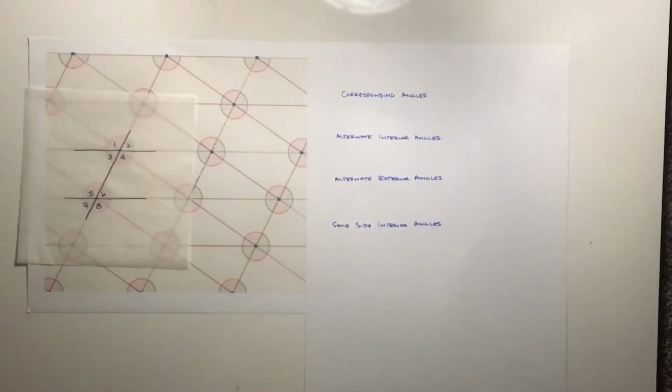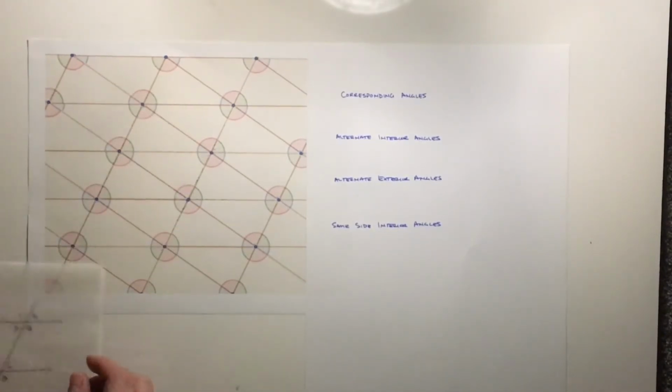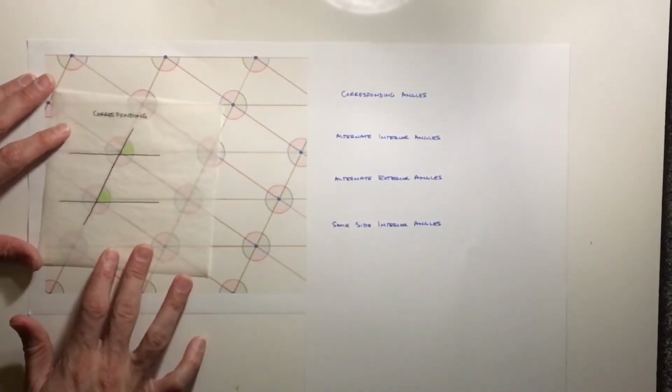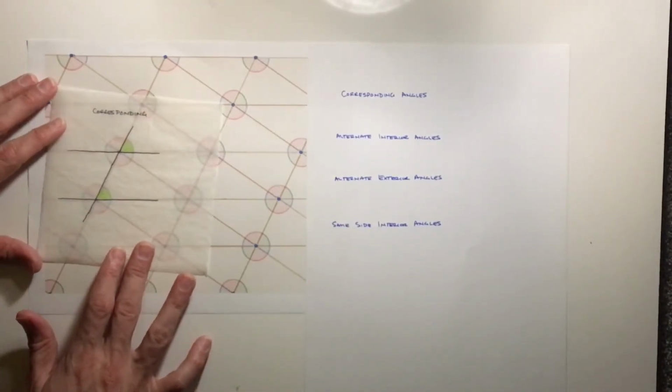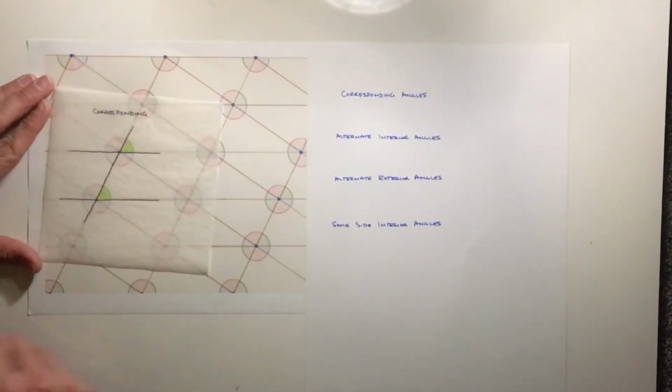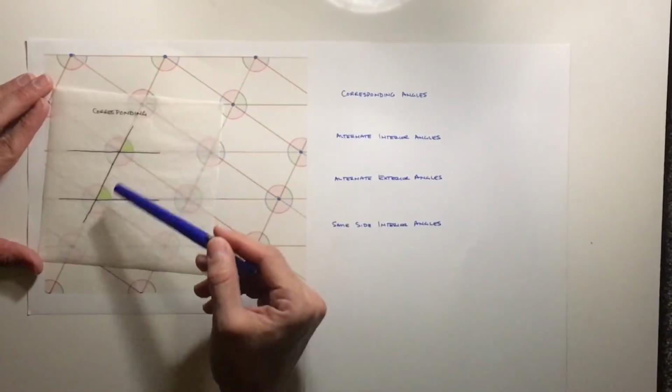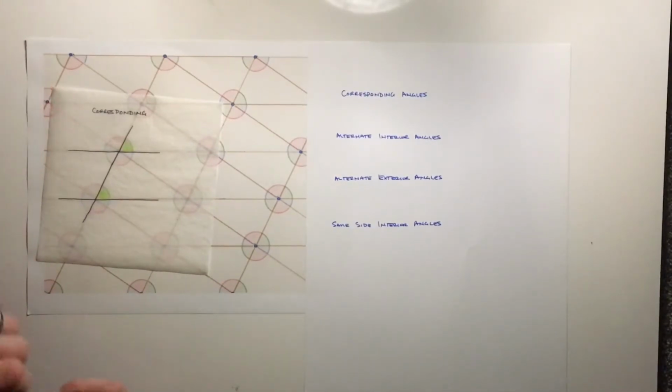Let us start with corresponding angles, which for us were angles 2 and 6. Corresponding angles, as you can see, have the same color. It is that same angle of that same triangle, even though it's been rotated or translated several times. Corresponding angles are both green in color. That tells me that when lines are parallel, corresponding angles are congruent.